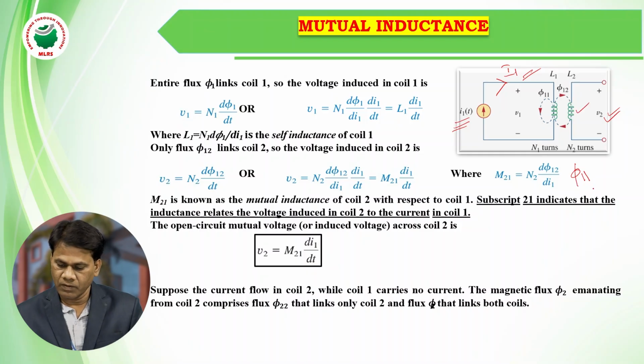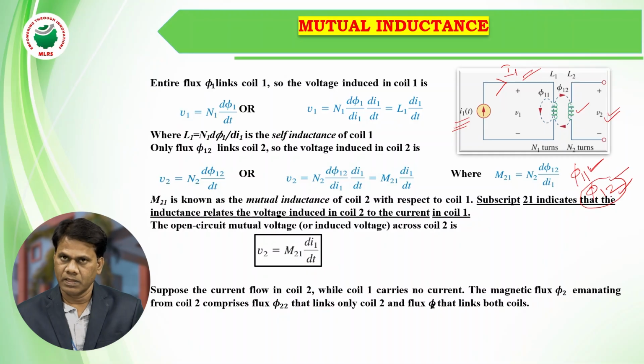That flux we call phi 12. So phi 12 is the flux due to the current in the first coil that links with the second coil, whereas phi 11 is the flux produced by the current I1 that links with the same coil 1.